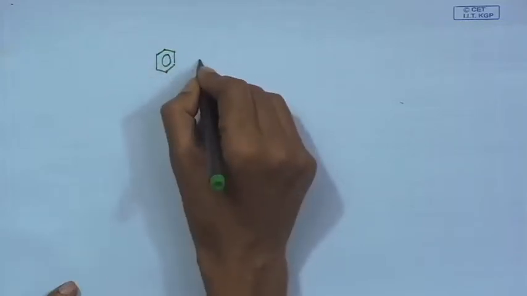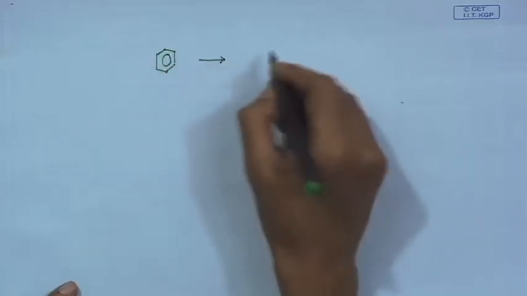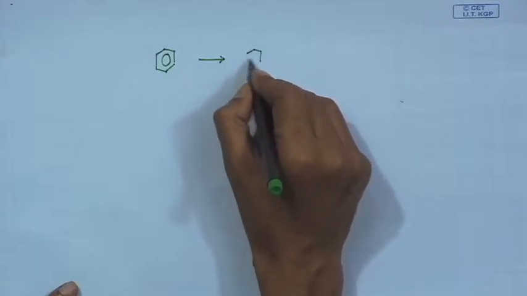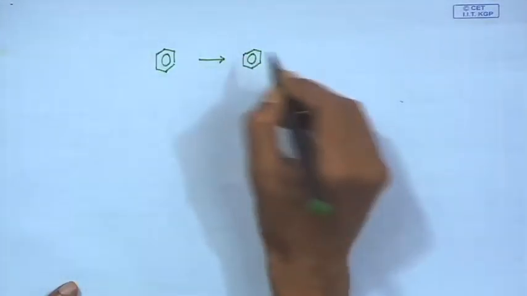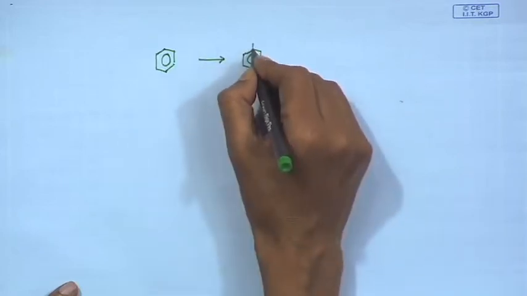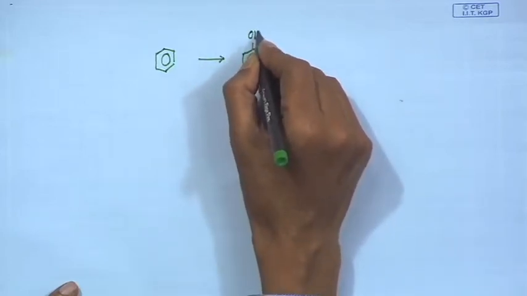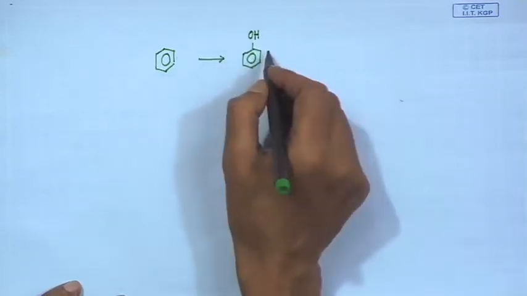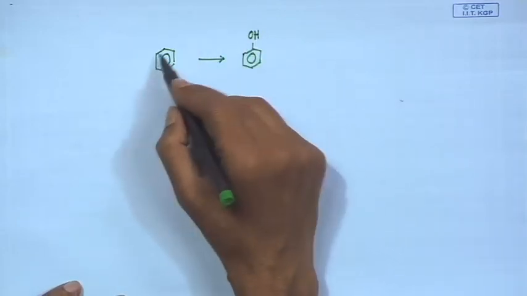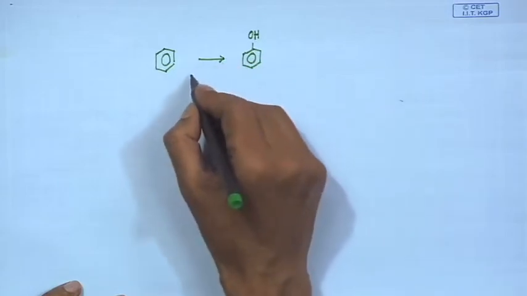where, if we have a benzene-type ring or molecule, we can get a phenol-type ring through insertion of an OH group on the CH function available on it.